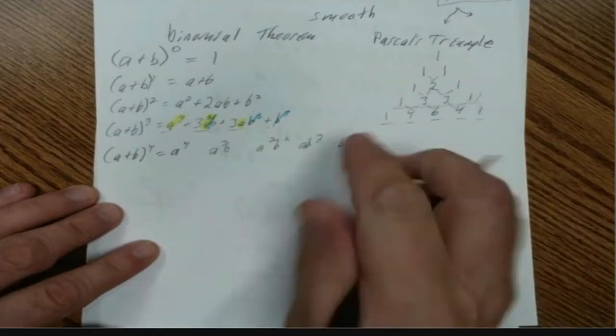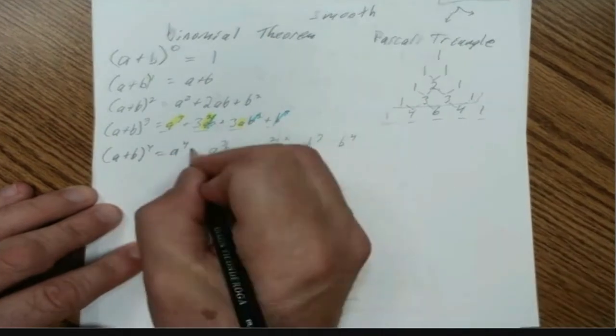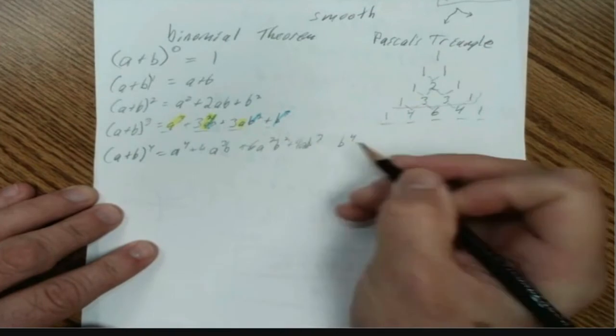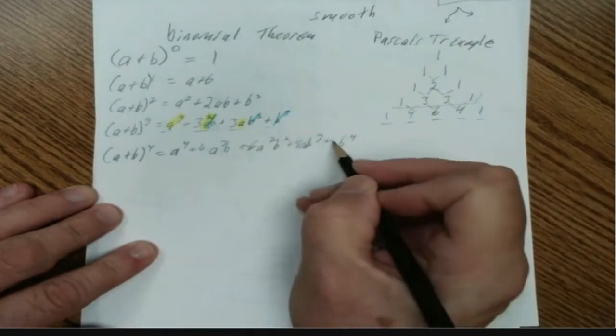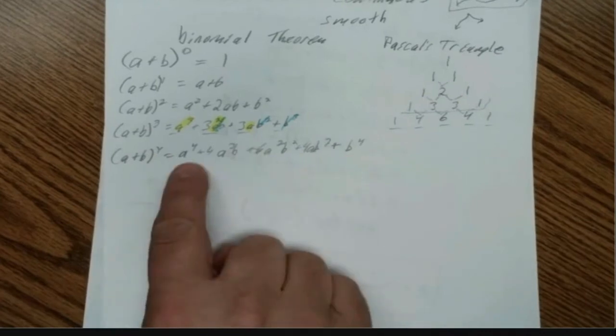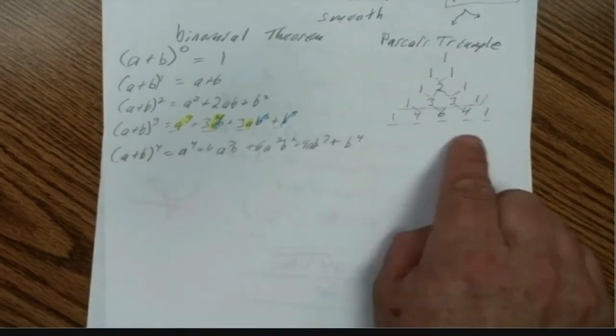And then the coefficients would be 1 plus 4 plus 6 plus 4, and then a 1. That would be the pattern of a plus b to the fourth. 4, 3, 2, 1, 0 for the a's, and 0, 1, 2, 3, 4 for the b's, and these coefficients.